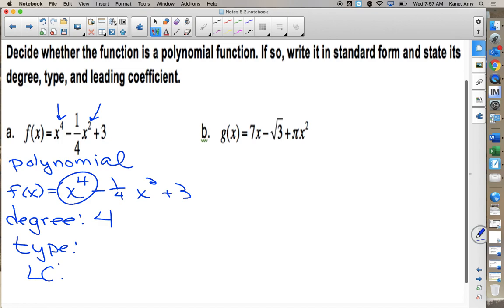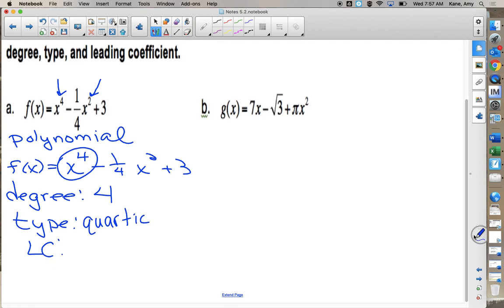So he says a quartic, and then the last question, Jack, the leading coefficient. Yeah, and why is it 1? Right. So the leading coefficient is the number in front of the highest power, and it's just a 1. Questions?